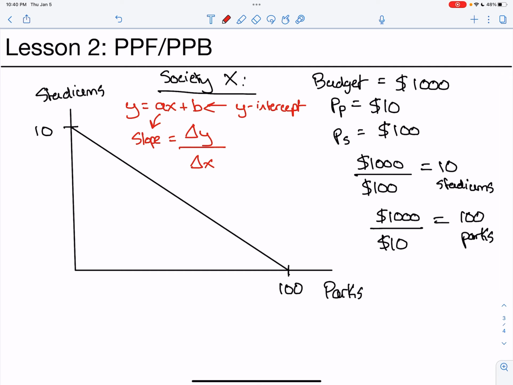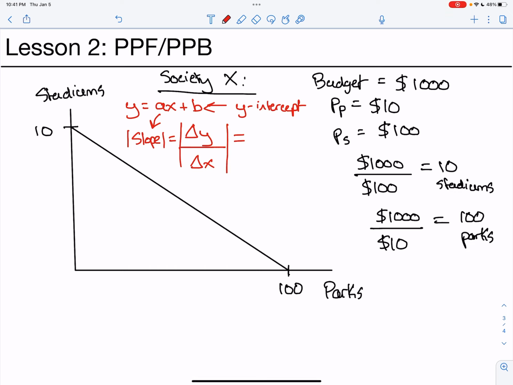So the slope, delta y over delta x, in our case, we'll just ignore the signs for now. We know the sign of the slope is going to be negative because it's downward sloping, and of course I'll explain why it's downward sloping in a second. But for now, let's just calculate the absolute value of the slope. So we're going to be a little bit precise here and say the absolute value of the slope is delta y over delta x.